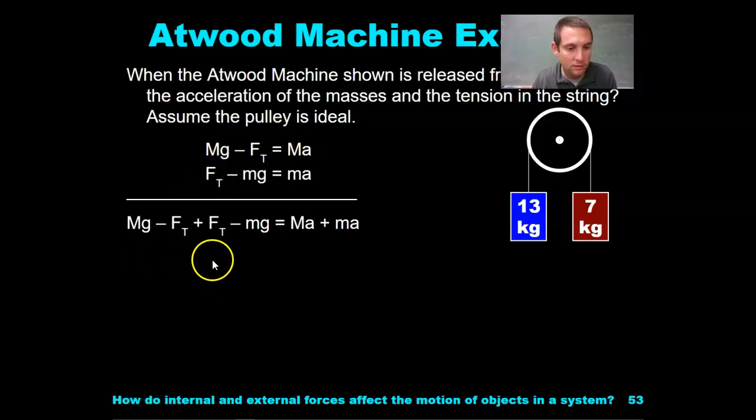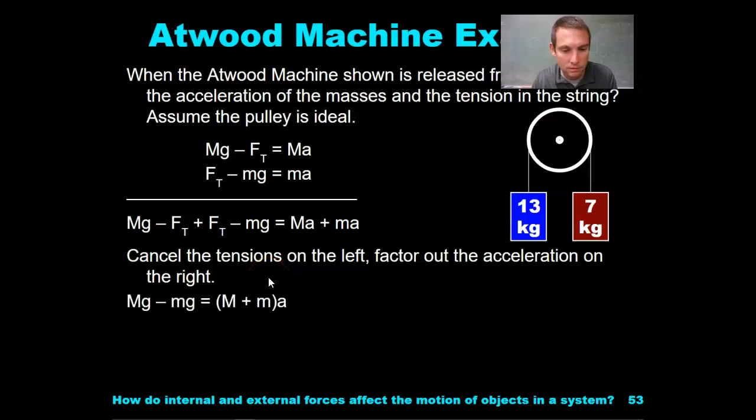What we're left with is big M times g, minus the smaller weight, little m times g, equals big M plus little m times a.